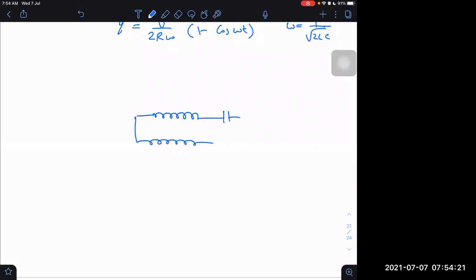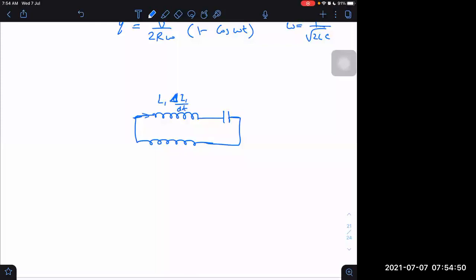Let us frame the KVL equation for this. What is the KVL equation? Let us say L1 into dI1 by dt. Or sometimes I prefer to call it delta I1 by dt because current may change suddenly, but the change in time is very less, negligible, right?